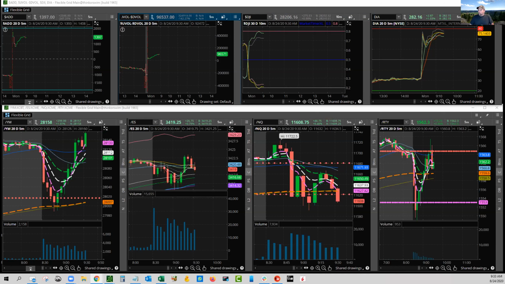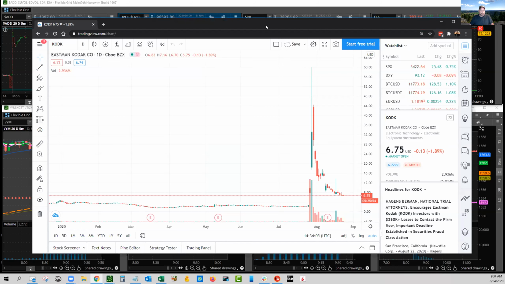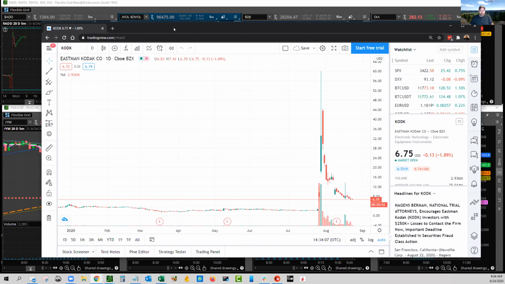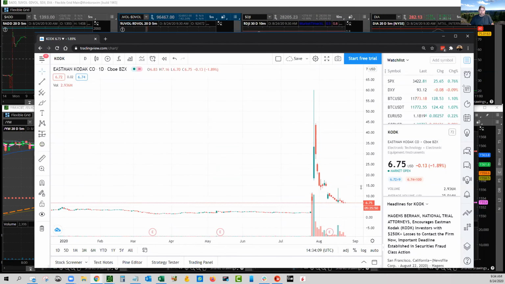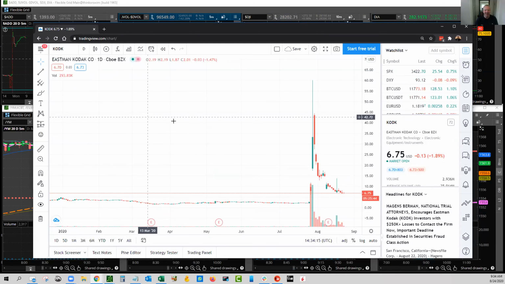I just pulled up their site. Where's their advanced charts? Here we go. Looks like Kodak was the last thing I opened. That's back down to $6. Yeah, Kodak completely blew up after that announcement. Now the SEC is investigating them.